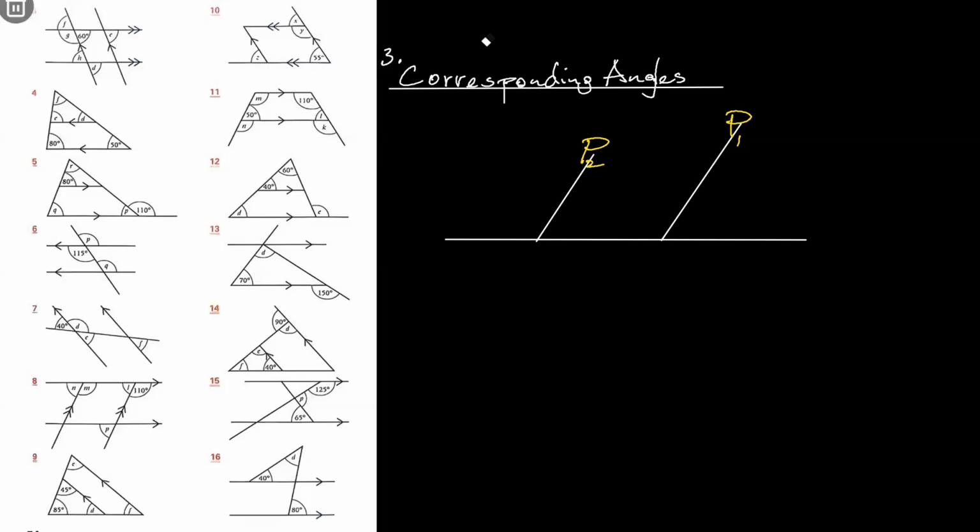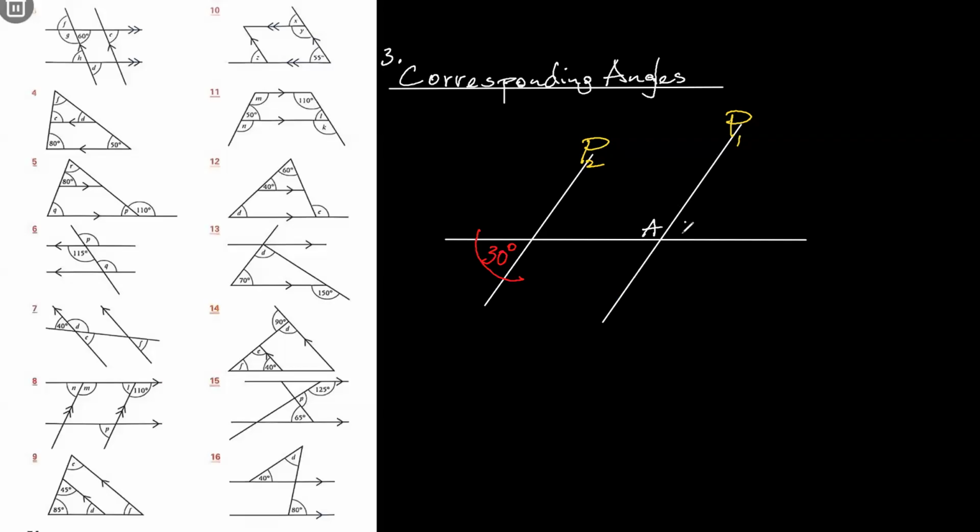Now, let's say I extended this line. So let's extend it and extend this one. So we make it now even more interesting. Question to Gabriel. If this is 30 degrees, look at parallel line 2.